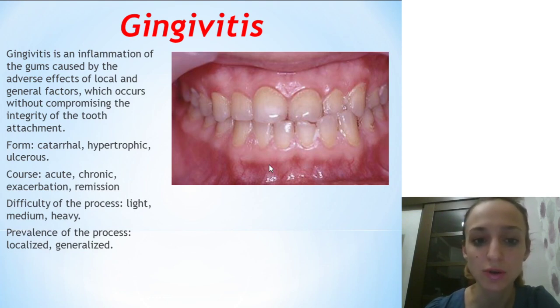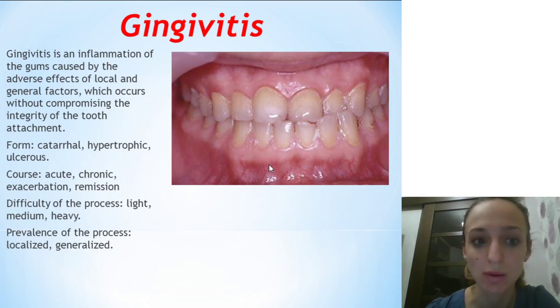Complex one is formed by the bacteria Porphyromonas gingivalis and Treponema denticola. And complex number two is mainly formed of Prevotella intermedia and Prevotella nigrescens. So the nature of the influence of microorganisms of dental plaque on periodontium is very versatile.